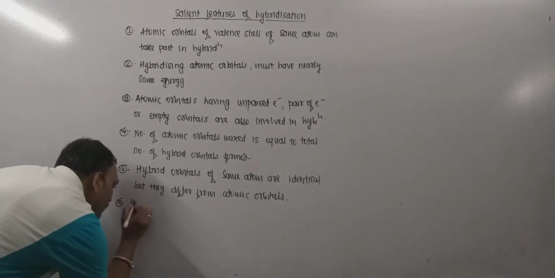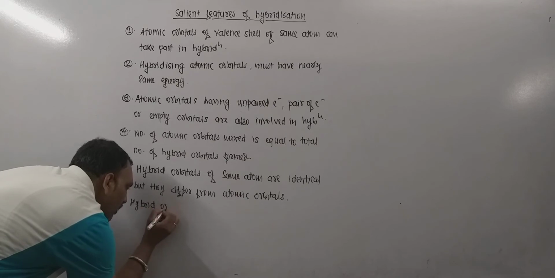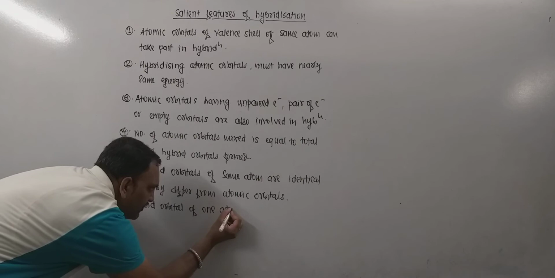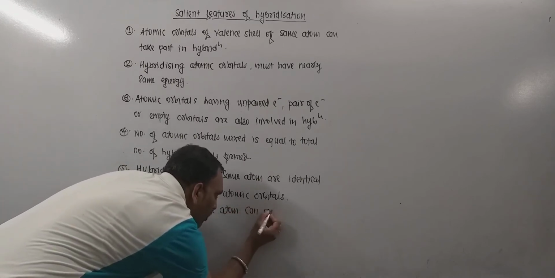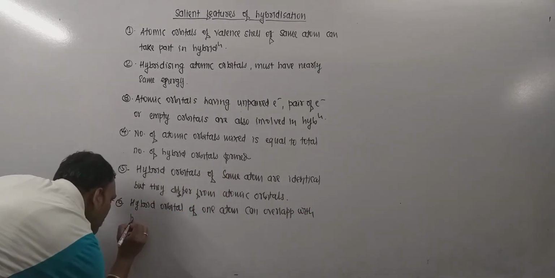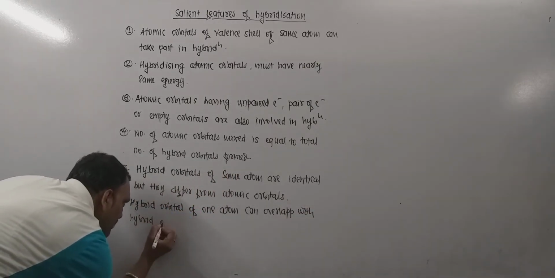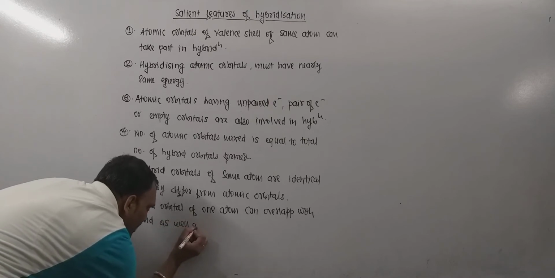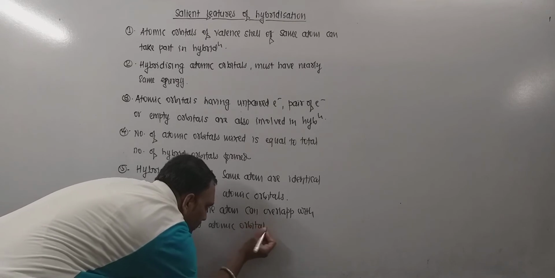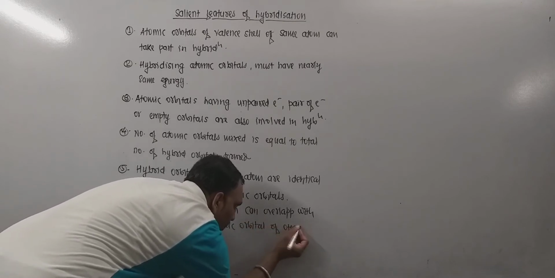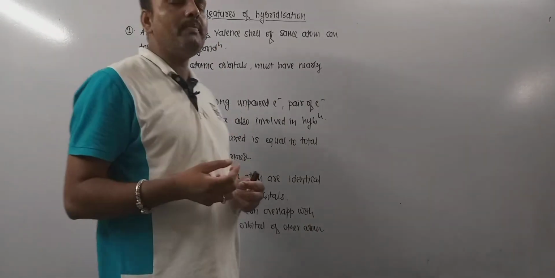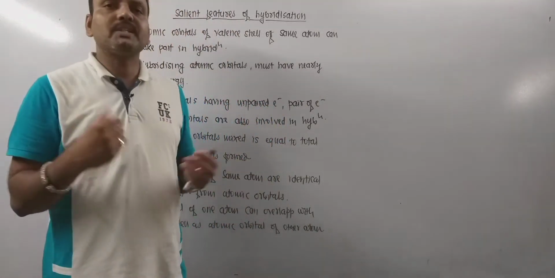So remember, a hybrid orbital of one atom can overlap with a hybrid as well as an atomic orbital of another atom.